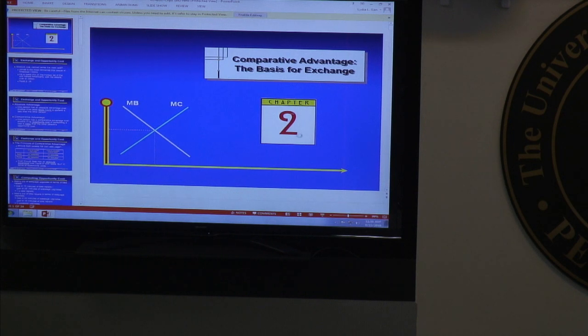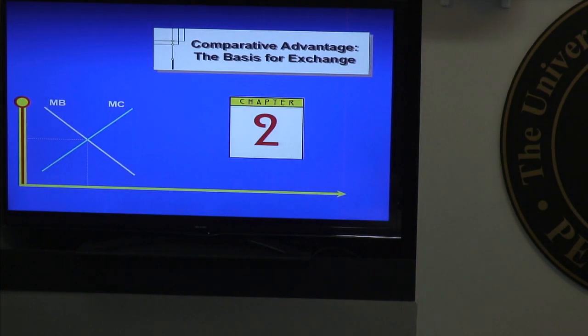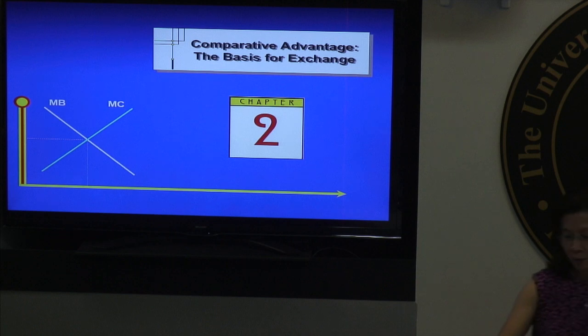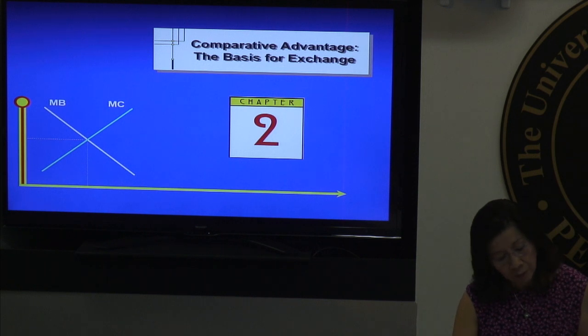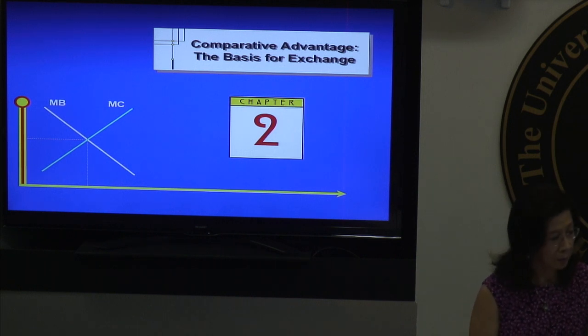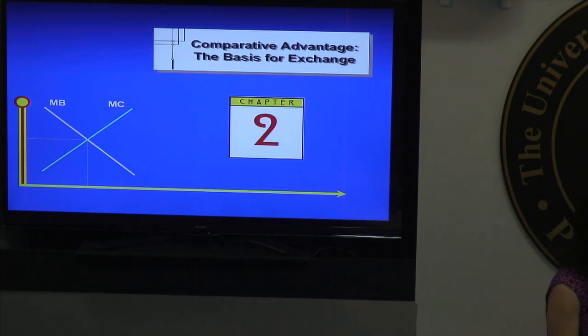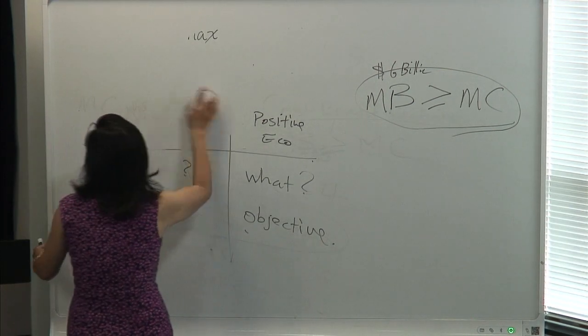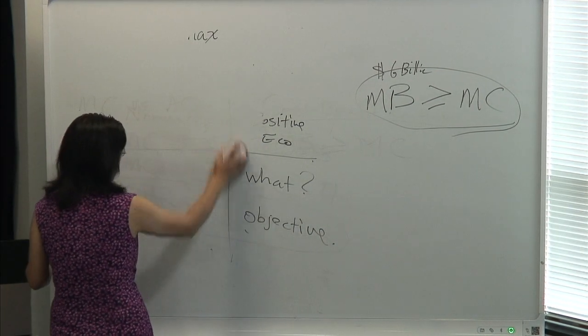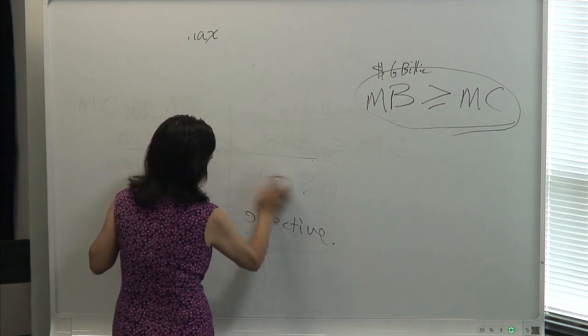Okay, so I'm moving on to chapter 2. I would like a volunteer to read, page 48. Chapter 2 deals with comparative and absolute advantage.